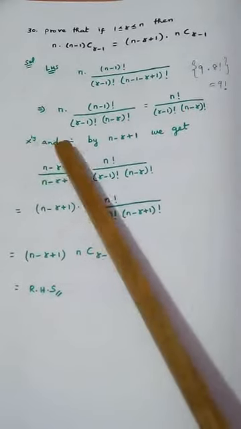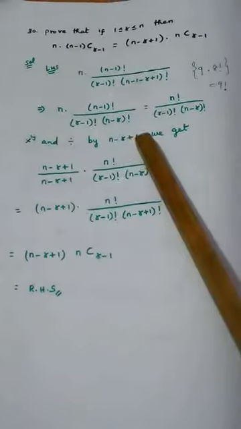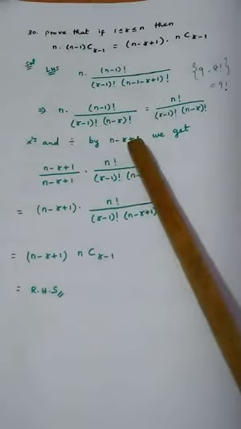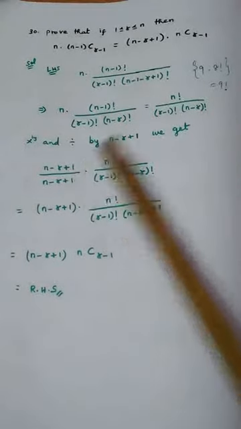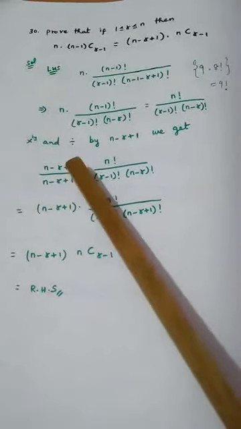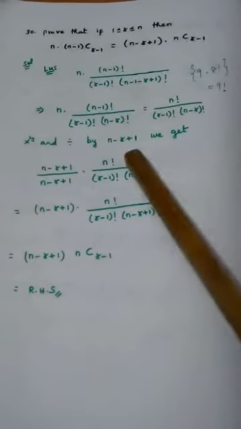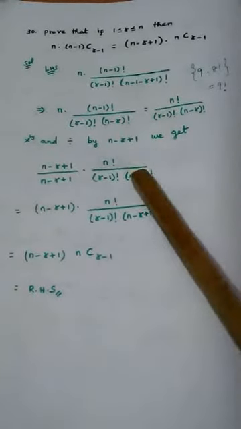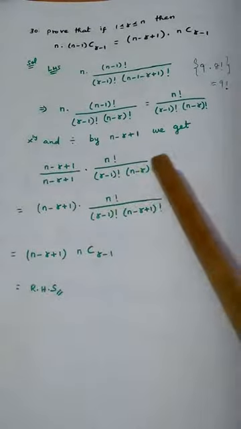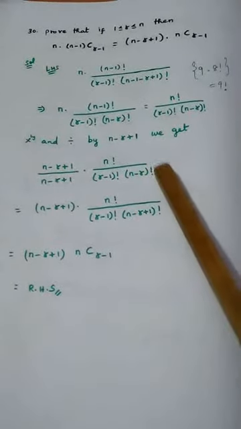Now, multiply and divide by n minus r plus 1, because in the right hand side we are having that. So multiply and divide by that, we are getting this step. Actually this is the final step. So multiply and divide by n minus r plus 1 and write this step as it is. From this, how do we get it? Now see, (n minus r) factorial is present here.